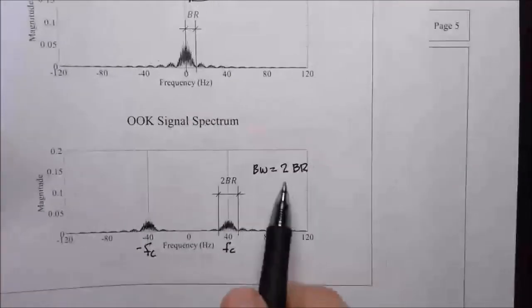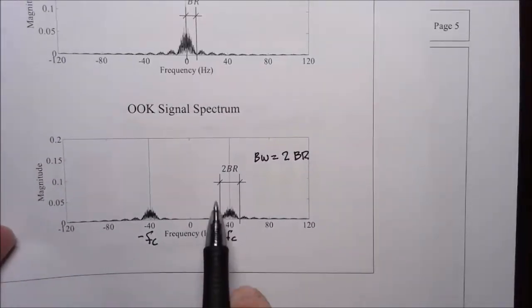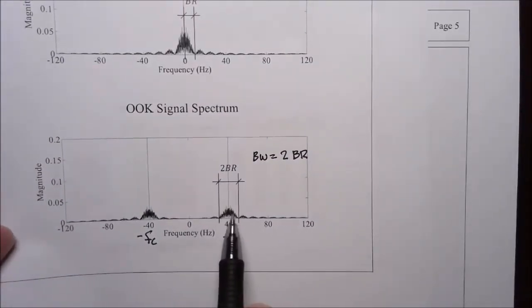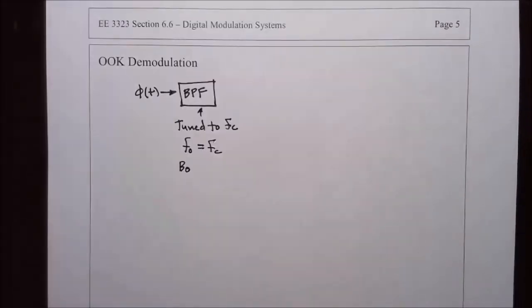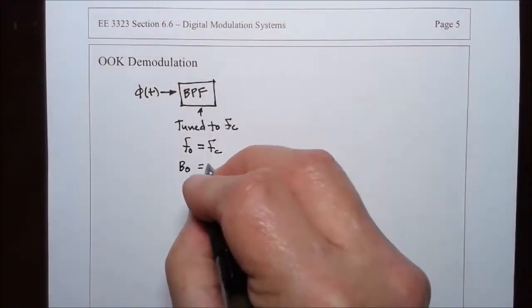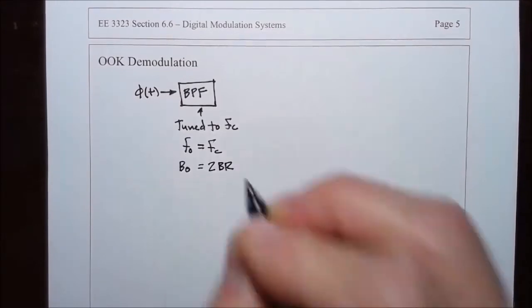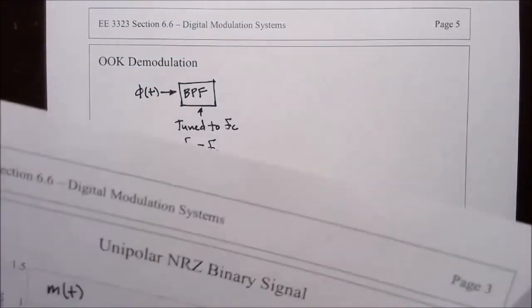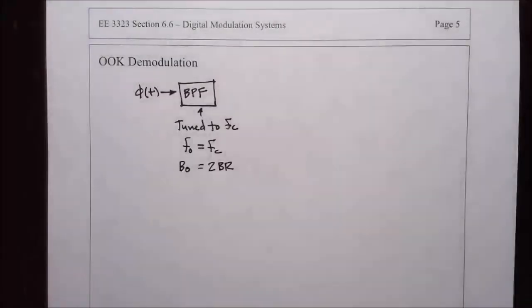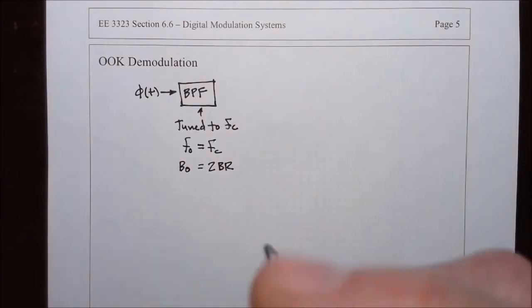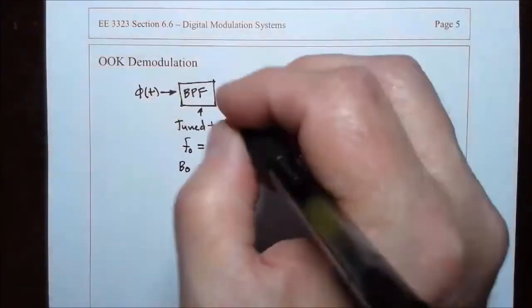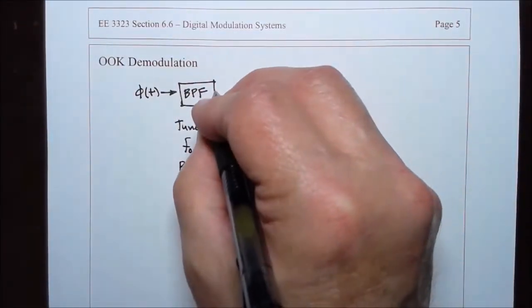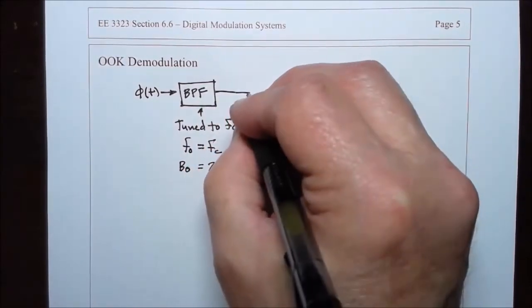The bandwidth has to be wide enough to pass the bandwidth of this modulated signal, so it's got to be equal to twice the bit rate. And then that will isolate our modulated signal from whatever other signals are in this same transmission line or being broadcast over the air.